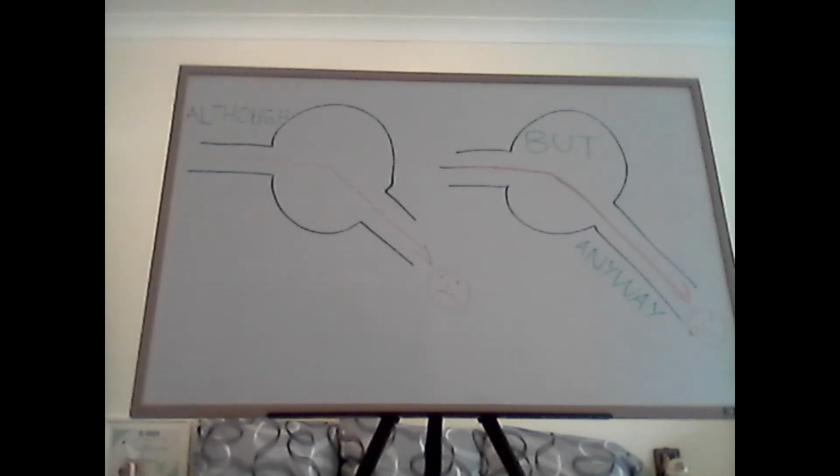Sometimes the idea doesn't go how we wanted it to go. It was a little bit unexpected, but it was just not what we liked. There are two ways to make that clear. We can say but and then finish the sentence with anyway, or we can start the sentence with although.